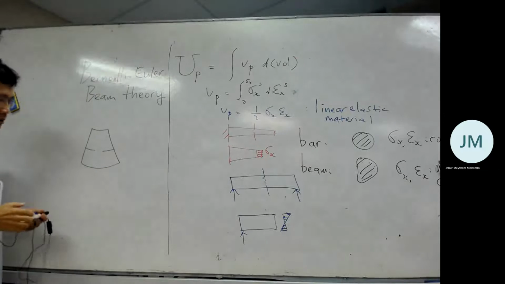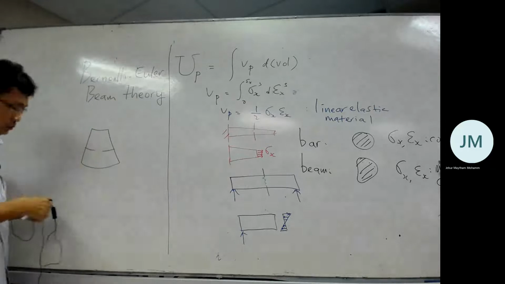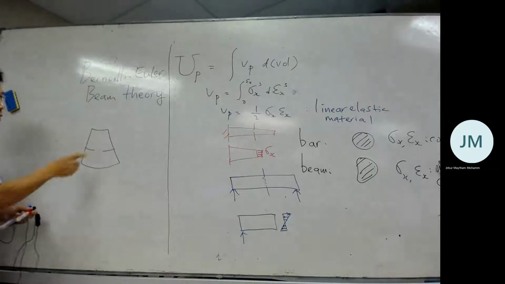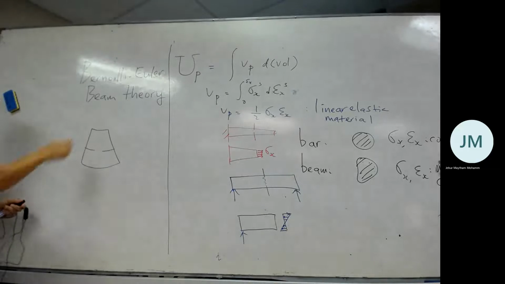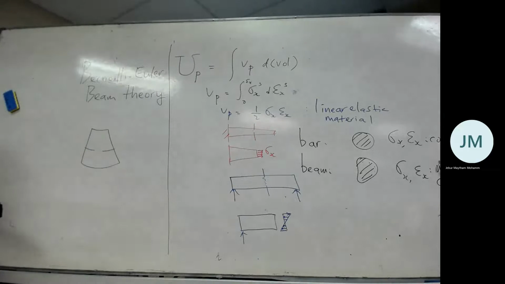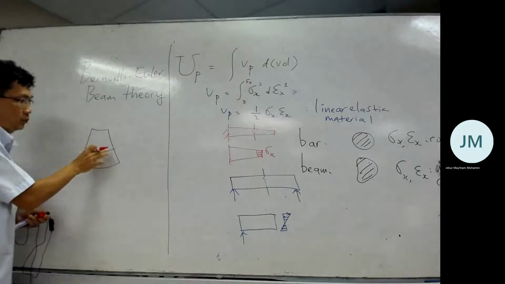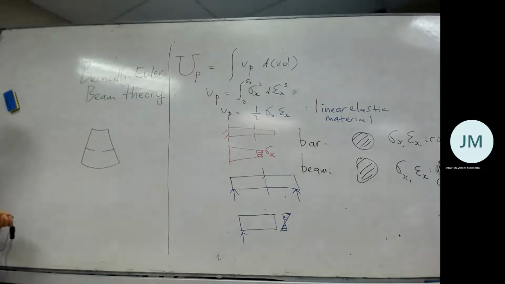And then the strain that we are going to relate to will be related to what happens to this particular length when the beam bends. Okay, this is the sectional shape when the beam is subjected to bending under Bernoulli-Euler beam theory. Before that, the beam shape is rectangular, for example.